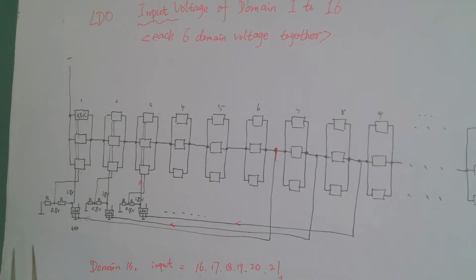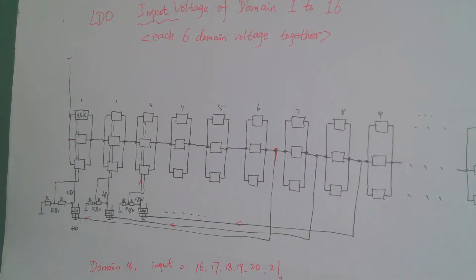As we know, for the LDO, pin 1 and pin 3 are the input end, and pin 5 is the output end, and we usually test pin 5 to verify there is full voltage to the chips in this domain.